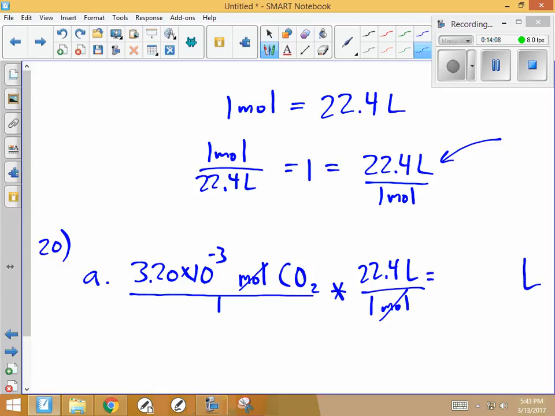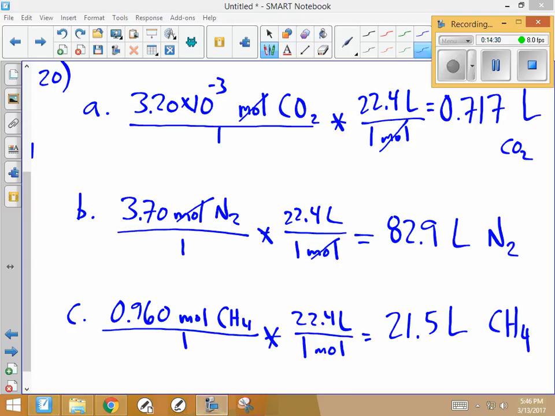I'm going to do it not in scientific notation, 3.2 times 10 to the negative 3, times 22.4, and I get 0.717. Make sure you keep those significant figures.